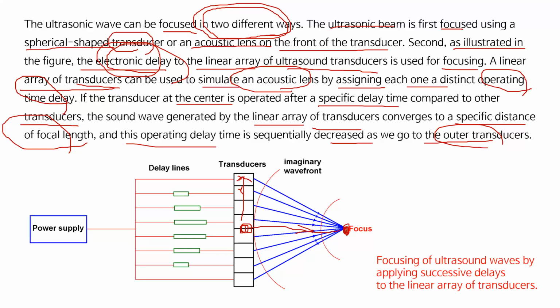Then the ultrasonic sound will be focused at a certain position, at which you want to see the tissue or organ. So this is focusing of ultrasound waves by applying successive delays to the linear array of transducers.